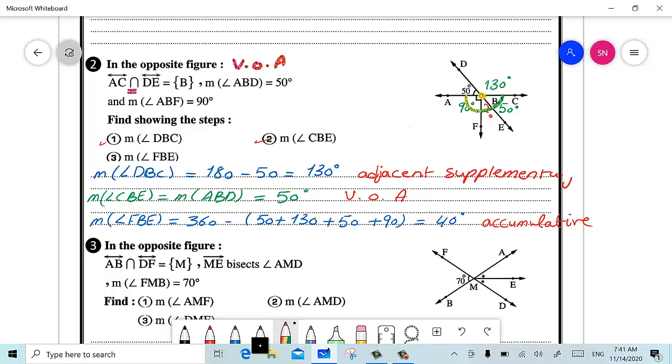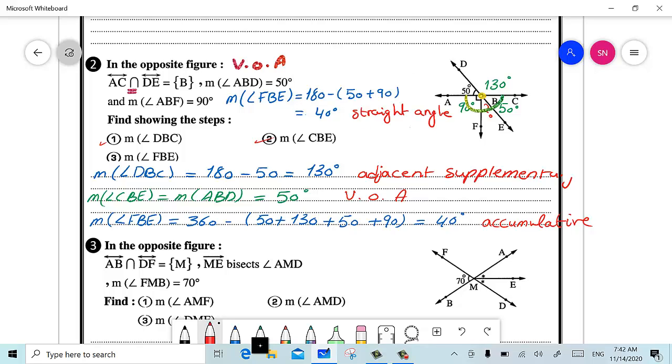If I have two of them and only the third is missing, so I can say that angle FBE is equal to 180 minus (50 plus 90), which is also going to give me the same answer as 40 degrees. But in this case, I'm going to write that they are on the same straight line, or that they are straight angles.